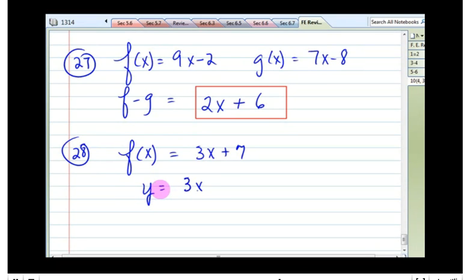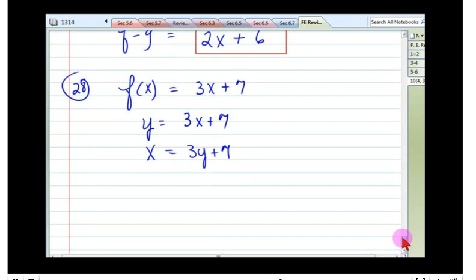So y is 3x plus 7. What do you do next? Switch x and y. So you have x is 3y plus 7. And then you solve for y. That means subtract the 7 and divide by the 3.